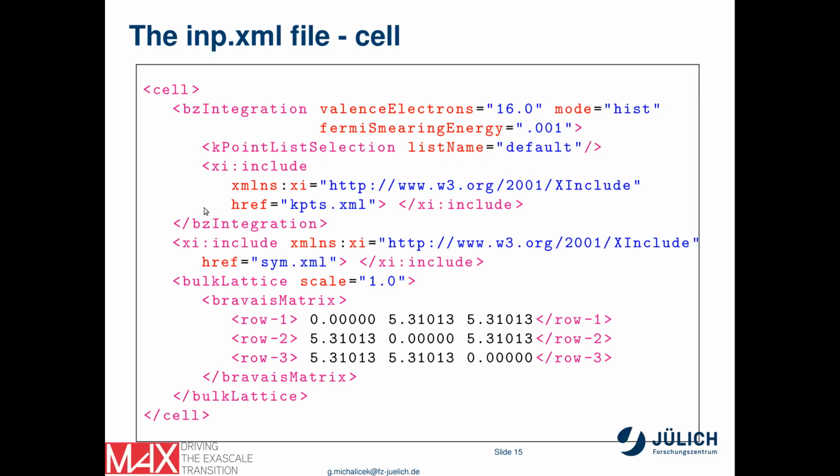And next, the lists are actually included, and they are typically stored in this external file kpts.xml. And then in a similar way, we also include the symmetry operations that are typically stored in the sym.xml file. And finally, we have to define the Bravais matrix for the unit cell. This you see here. So this is a conventional FCC-like unit cell.